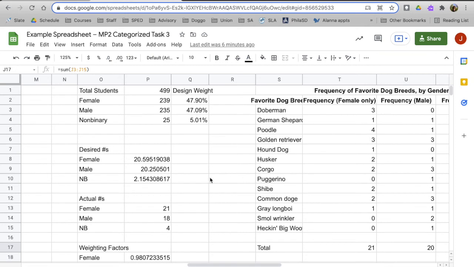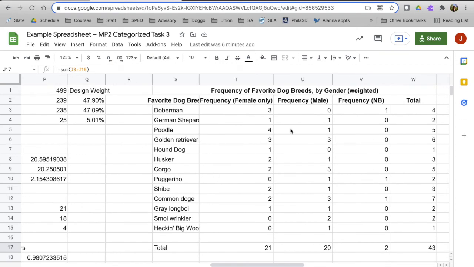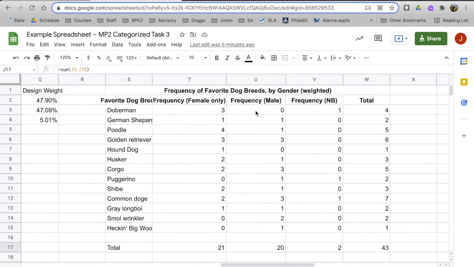Moving on from that, whether our weighting is justified by our sample size or not has no bearing on whether or not we can do the math. We can still do the math the same way. We come over here, and you can see where we already have the male frequency and NB frequency weighted.